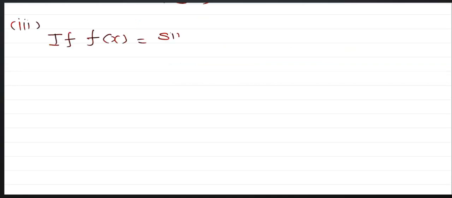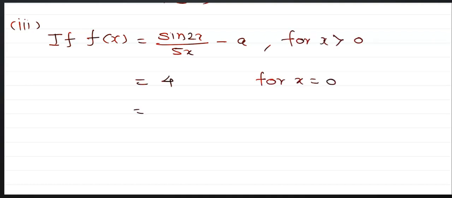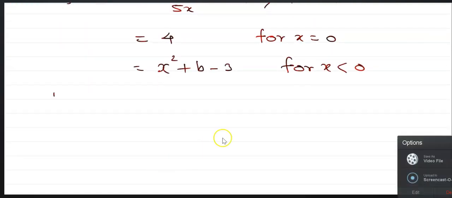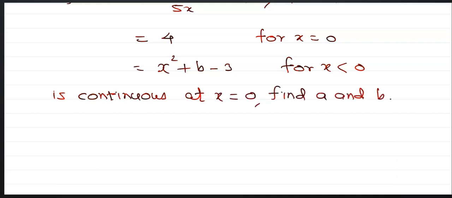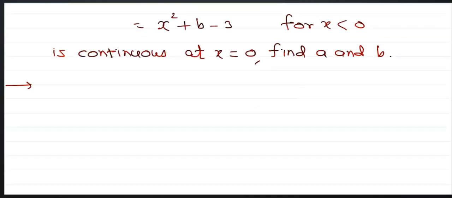Third, if f of x is equal to sine of 2x upon 5x minus a for x positive, is equal to 4 for x equal to 0, and is equal to x square plus b minus 3 for x negative, then find the values of a and b. The given function is continuous. We have the function given, so the value is also given.